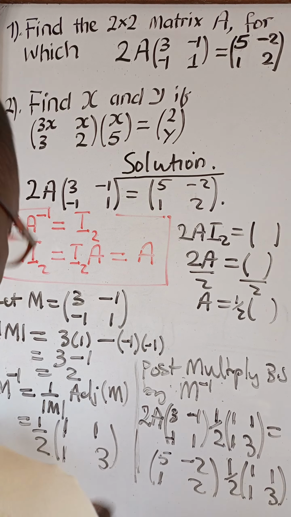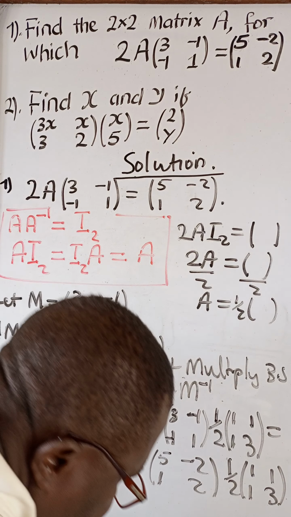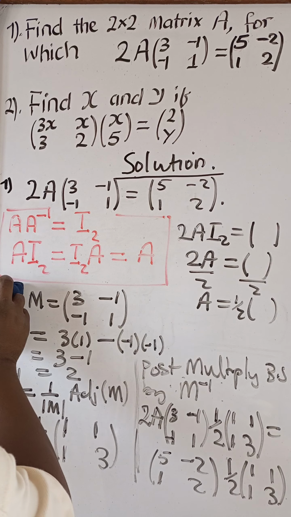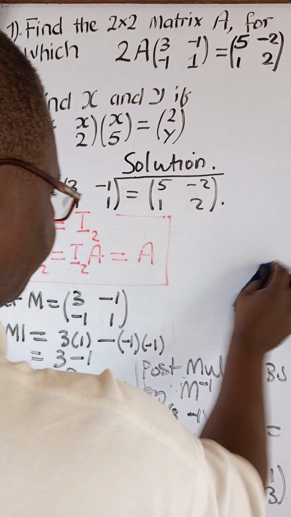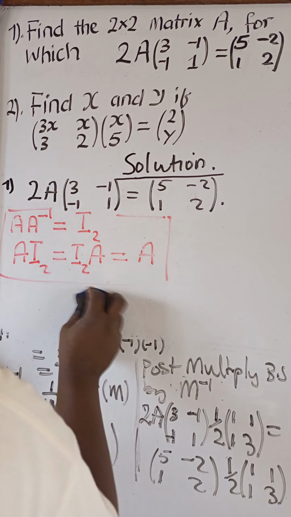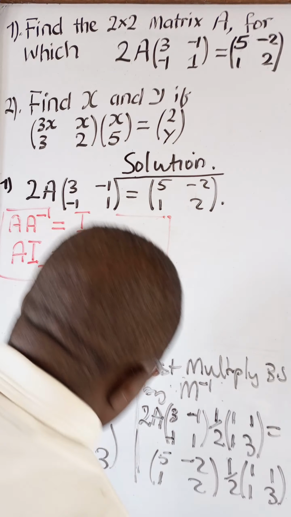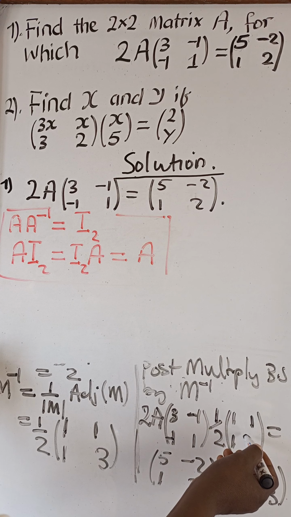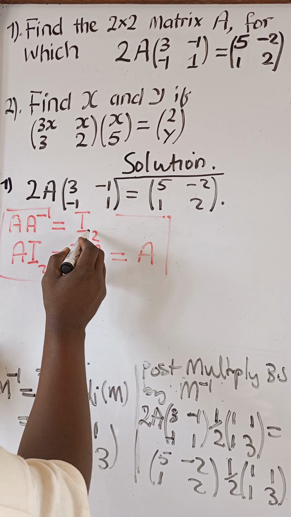Now, let us create some space to work here because we need this stuff. A matrix post-multiplied by its inverse gives us the identity matrix.